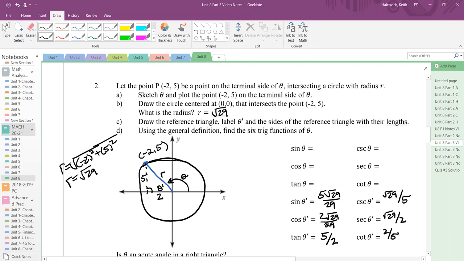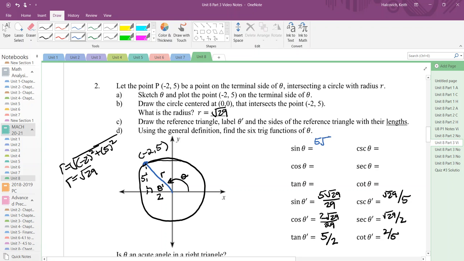Now, as far as the actual angle goes, the only difference is that the x-coordinate is negative. So that means the cosine and secant would be negative, and the tangent and cotangent would be negative. The sine and cosecant would be positive because the y value is positive.